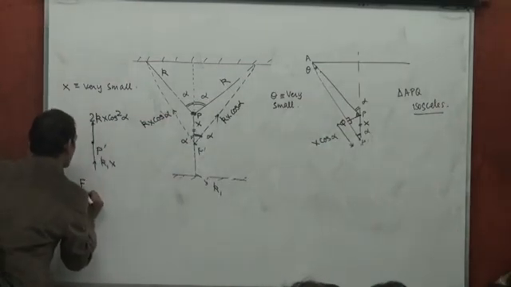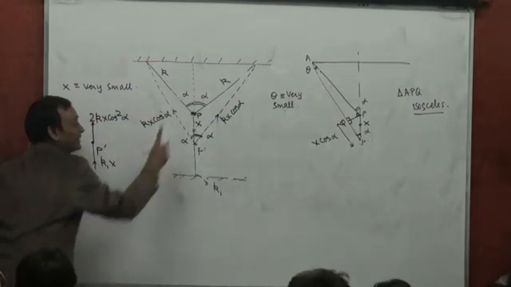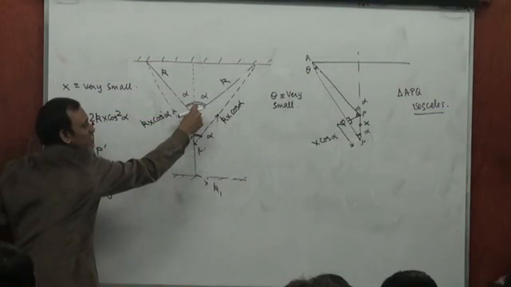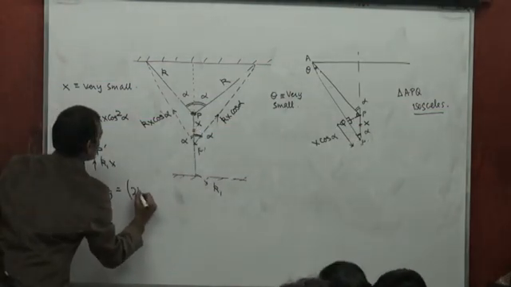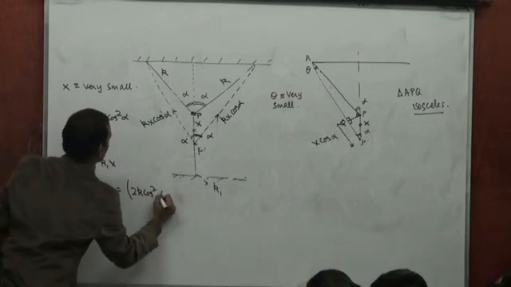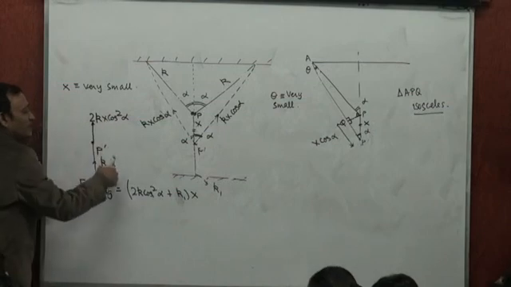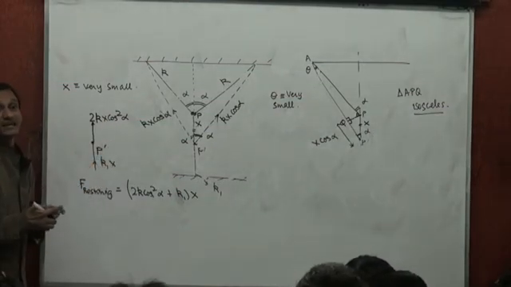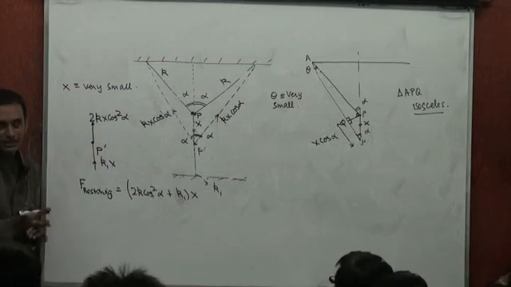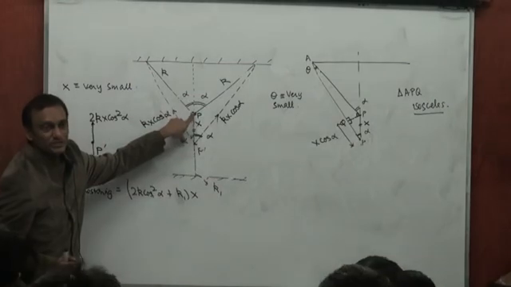So F restoring, when you displace it by an amount x from this equilibrium position, the restoring force is going to be 2k cos square alpha plus k1 into x. If I add these two, 2k cos square alpha plus k1 into x is going to be the restoring force, right? Which is proportional to the displacement from the equilibrium position.